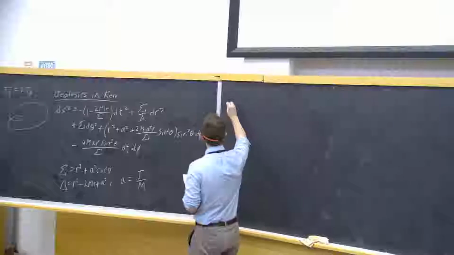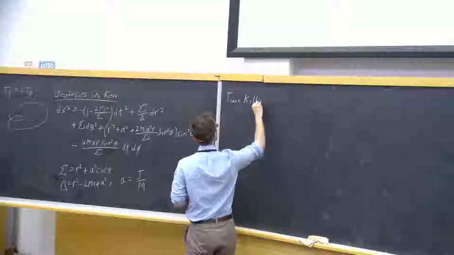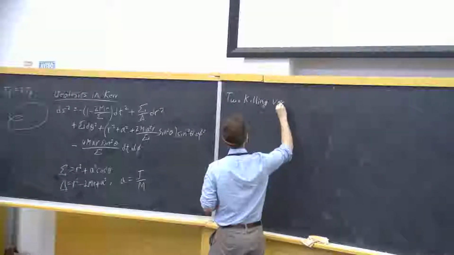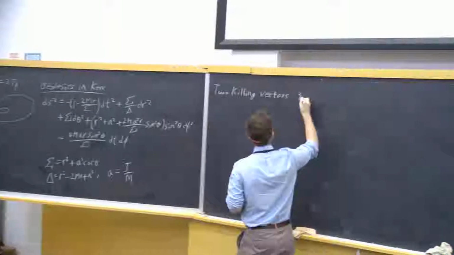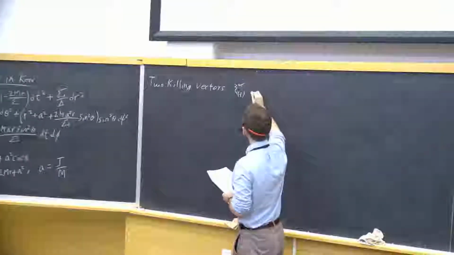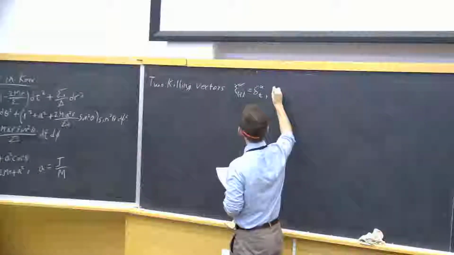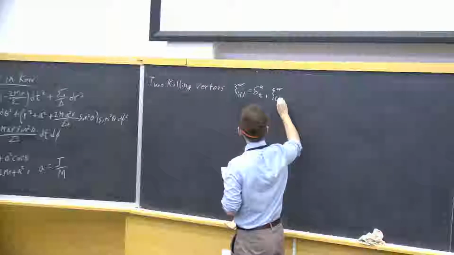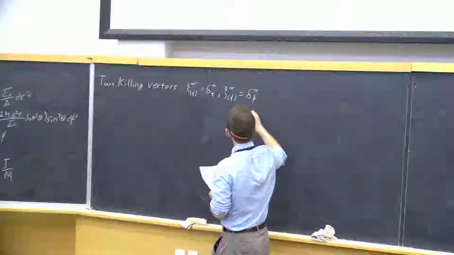Okay, 2 Killing vectors here. The temporal one is just the T component. The azimuthal one is just the phi component.